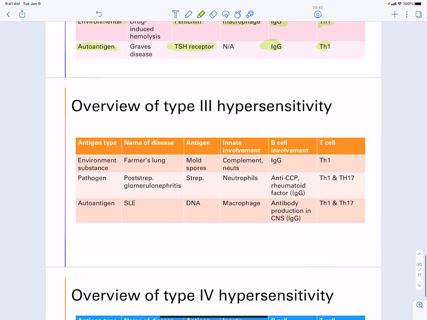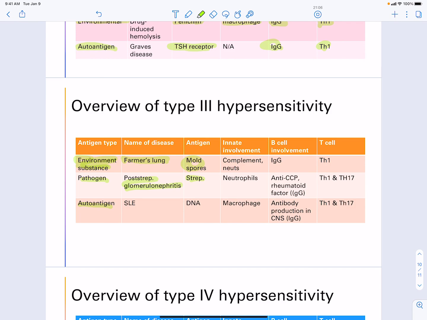Type 3 hypersensitivity, or immune complex, you can have environment, pathogen, or autoantigen. Environment substance can be farmer's lung. These are mold spores. You're going to use complement as well as neutrophils, and this is a Th1 response, IgG. Post-strep glomerulonephritis is going to be caused by streptococcus infections.